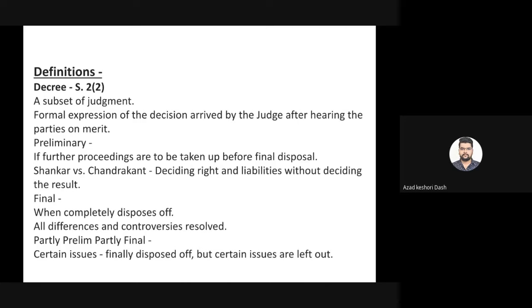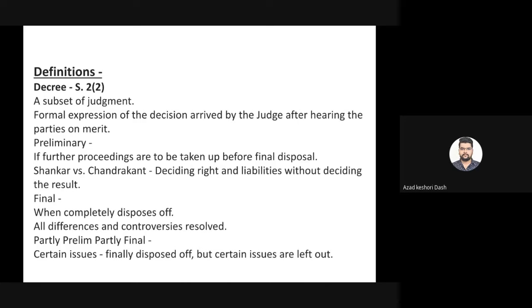And we have to know that after the judgment only, the operative portion of that judgment, that whatever is decided, whatever is conclusively determining the rights of the parties, that conclusive part, if that is formally expressed, then that would be a decree. It can be either preliminary or final, or it can also be partly preliminary and partly final.